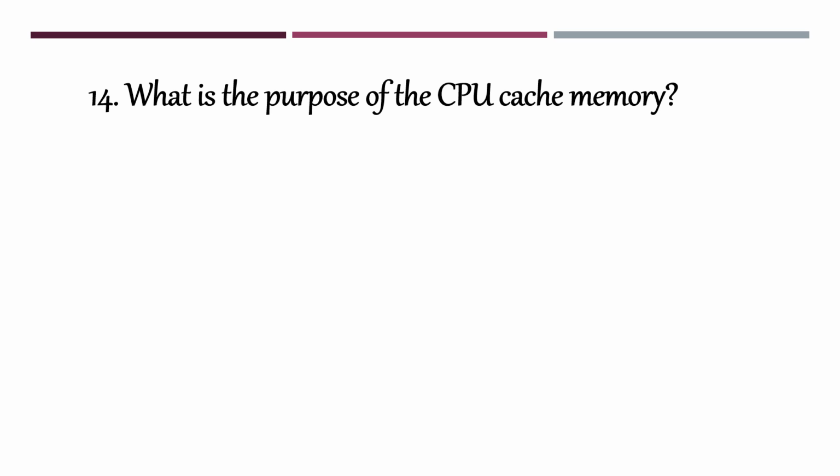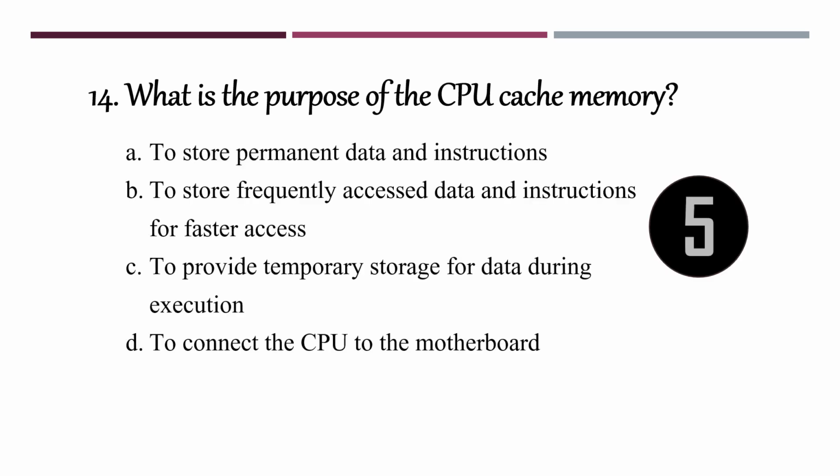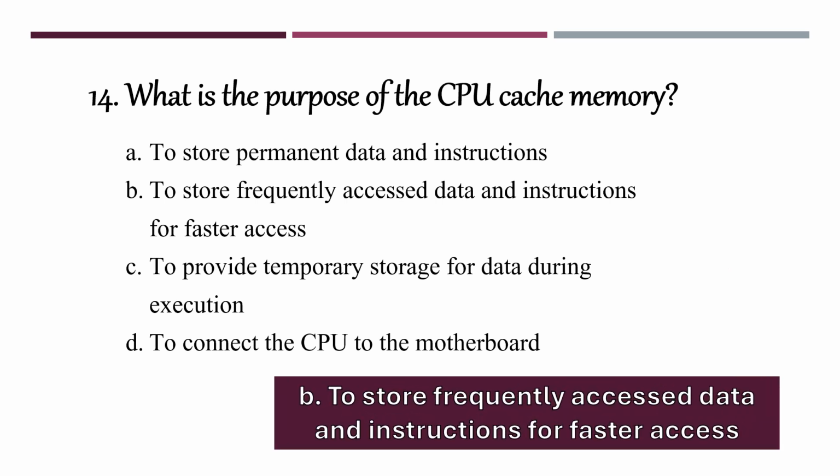What is the purpose of the CPU cache memory? Option B, to store frequently accessed data and instructions for faster access.